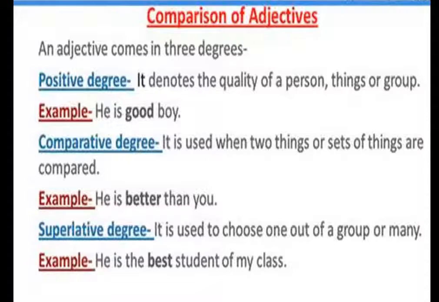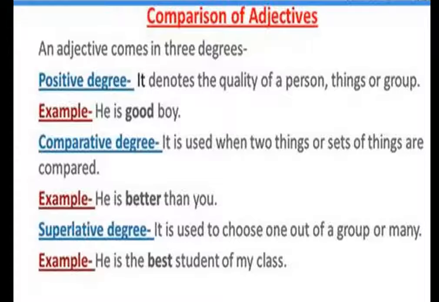It is used when two things or sets of things are compared. Here we can say that it is used when we are comparing two things, either a person with a person, or things or groups. That means we are comparing one thing to another thing.